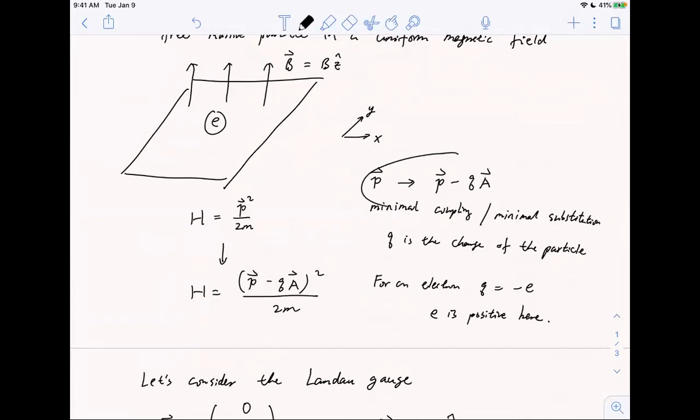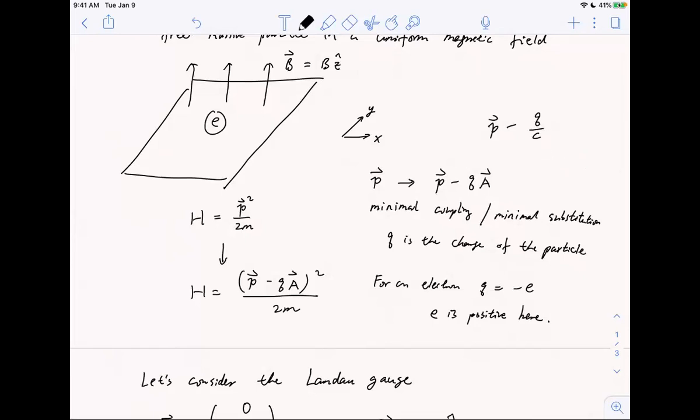If you use the Gaussian unit, all you need to do is add a c in the bottom. So this is the Gaussian unit, and this one is the SI unit. Only a factor of 1 over c difference.